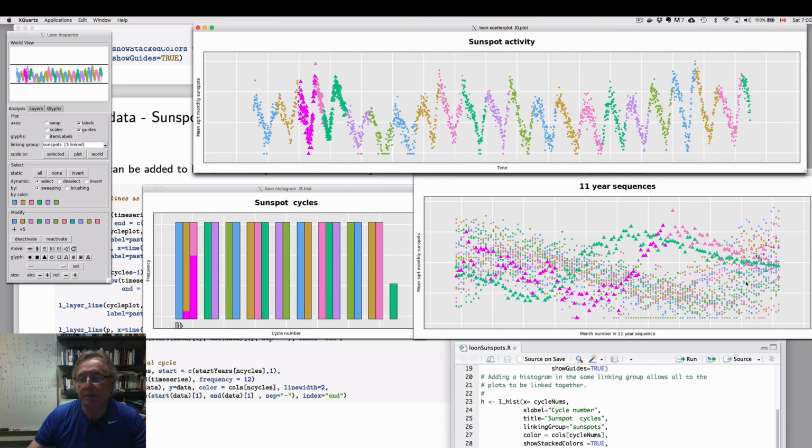This is part of the next cycle. So we've got these cycles misaligned because they're not exactly 11 years, at least not in this data set. These early measurements don't seem to follow the 11-year cycle. Whether that's something strange happening in the sun at that time or something in the recording of the data around this time, that would need to be investigated. Okay, that's it for sunspots for now.